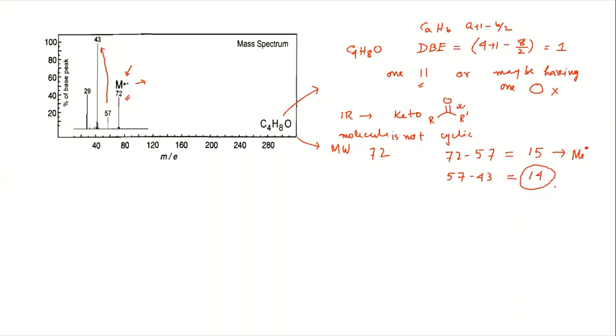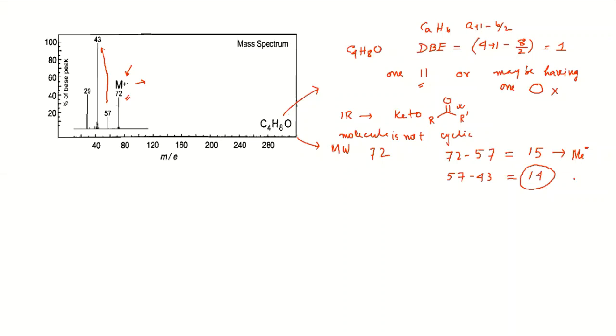CH3 plus and CH3 dot, the same thing. What does 14 mean? 14 doesn't have any sense. Can you get 14 as some neutral species coming out? You can have only 15, right? 14 has no sense.